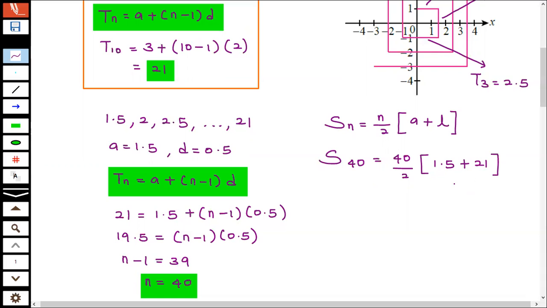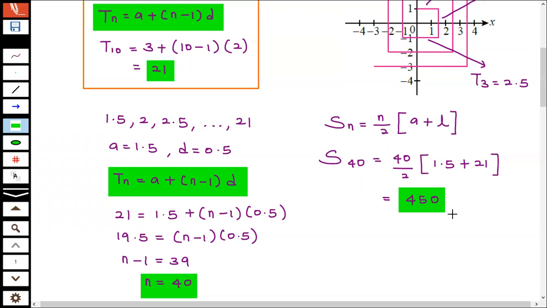Let me use my calculator for a while. The total is 450. So this is your final answer for this question, guys.